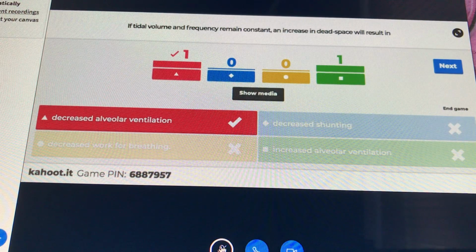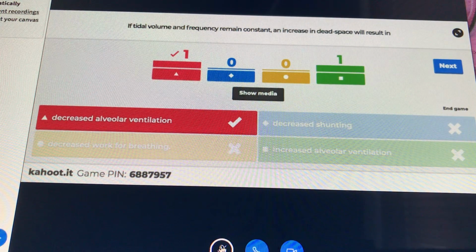If your tidal volume and frequency stayed the same, but you're subtracting out a larger number from your tidal volume, your answer is going to decrease. Does that make sense? Are there any questions about that? No, ma'am.